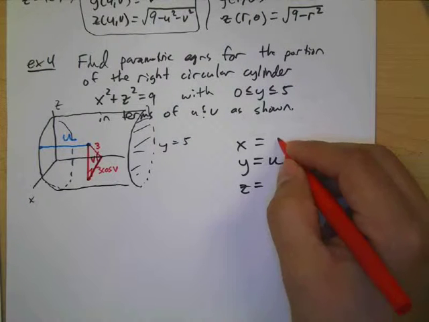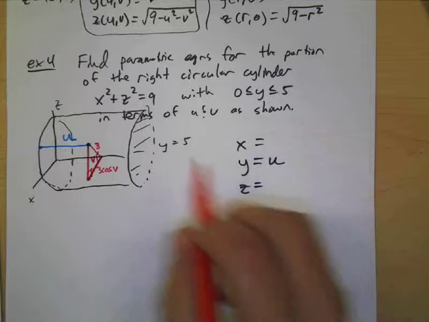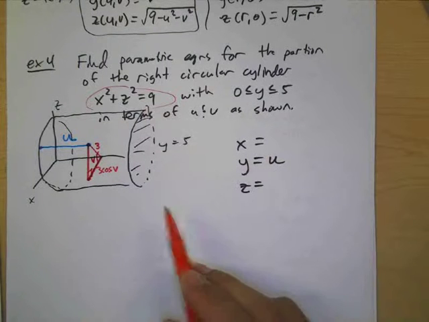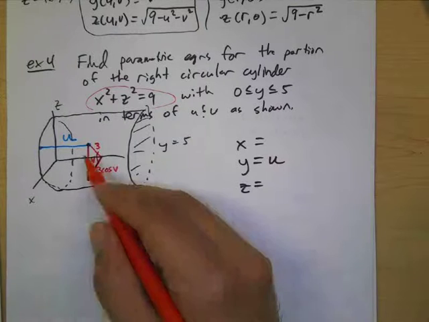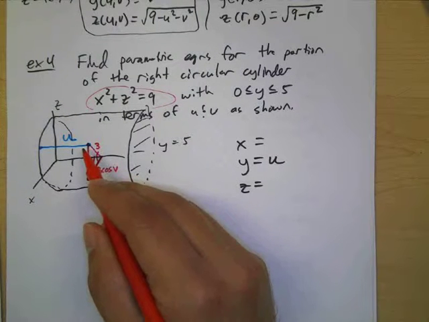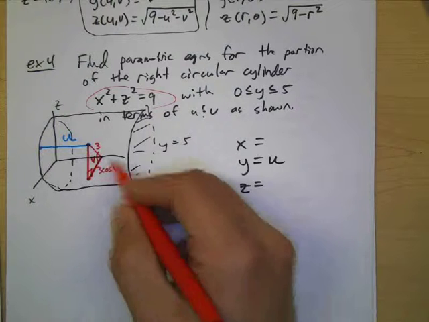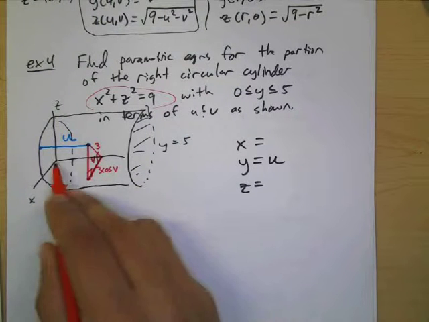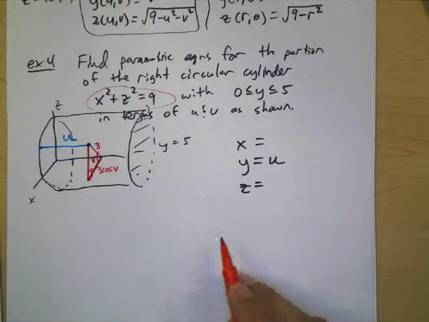How do we know it's 3? The cylinder has a radius of 3. And that's going to the center? That's going to the surface of the cylinder, not the center of the cylinder. Well, it's coming from the center. The center of the cylinder is the y-axis. Does that make sense? Yeah.